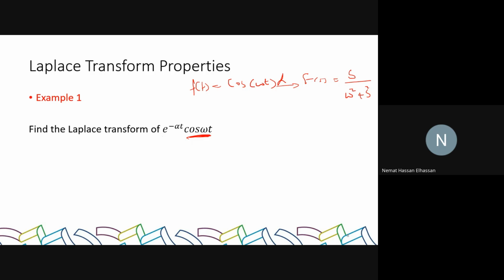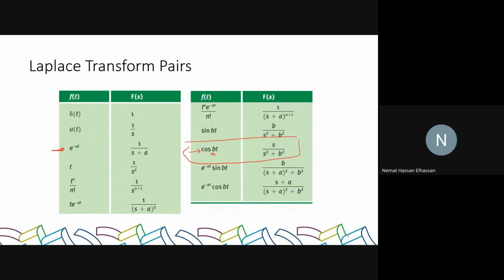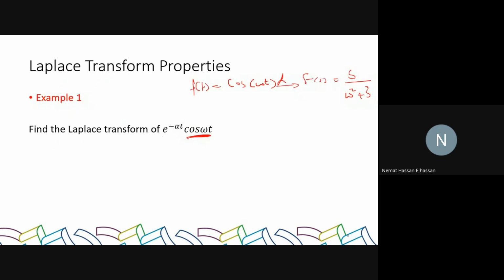Which is exactly what we have here. The number multiplied by t in our example is ω, right? And then it's multiplied by an exponential function, right?